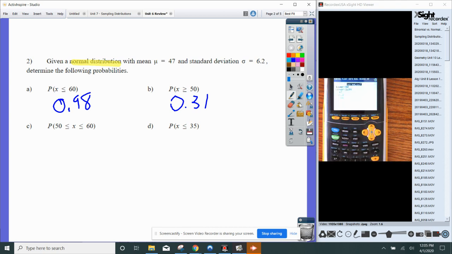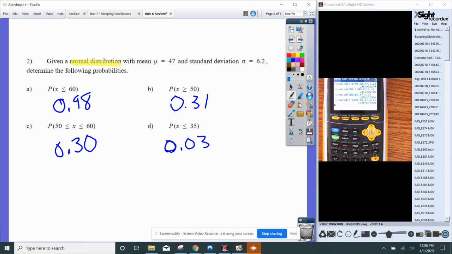So lower is going to be 50, upper is going to be 60. 0.296, so about 0.30. And then less than or equal to 35. So the lower is going to be -1E99. Upper is going to be 35. Still 47 and 6.2. And we get about 0.03.